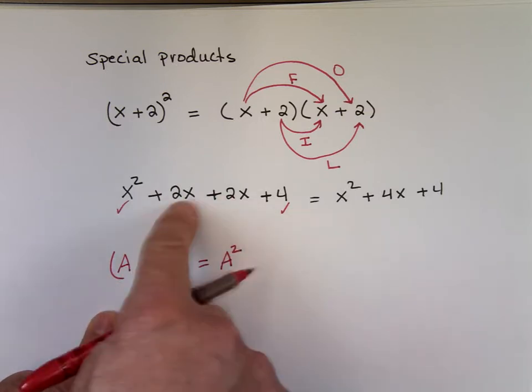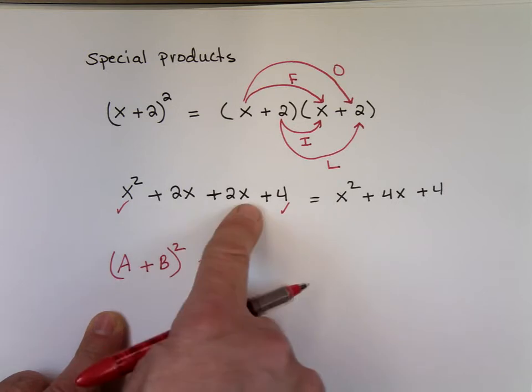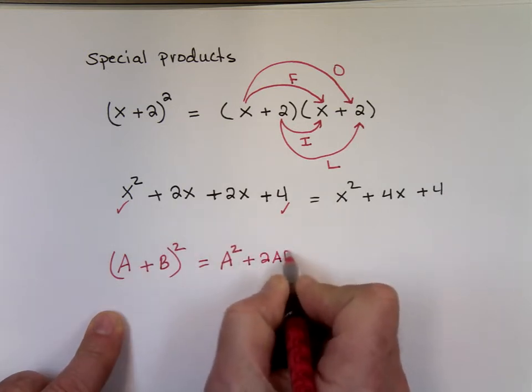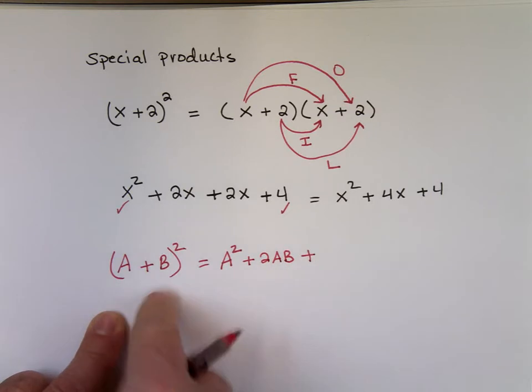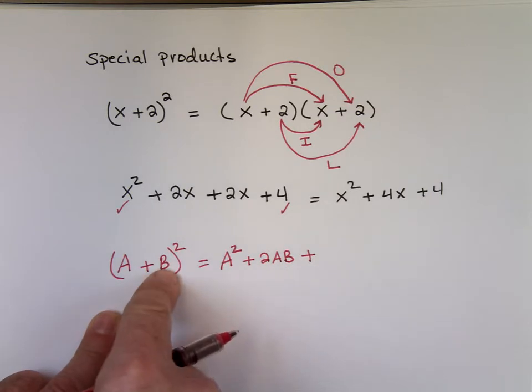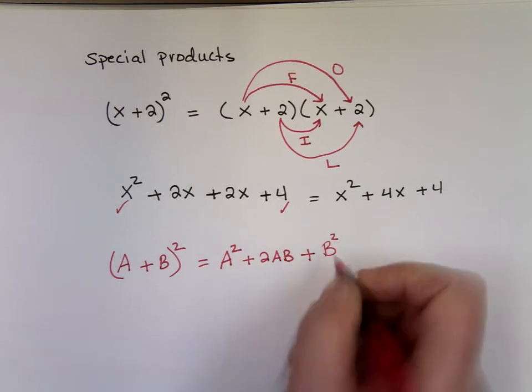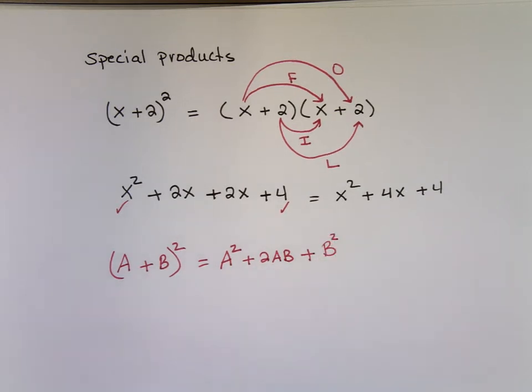AB, but there'll be 2 sets of them. See that? Plus 2ab. And what's the last one? Square the last piece. B squared. That's the shortcut. Square the first, multiply the 2 pieces together, then multiply the answer by 2, and square the last one.